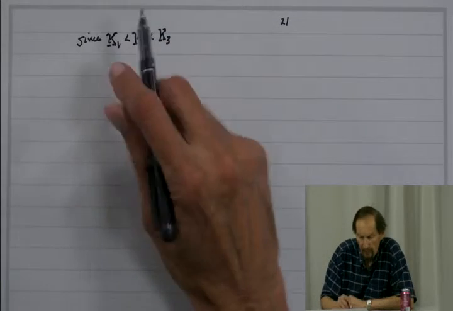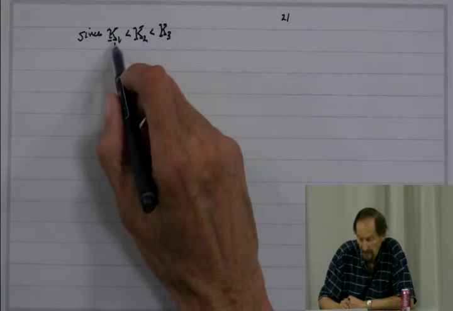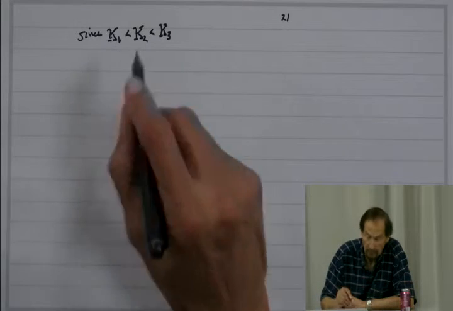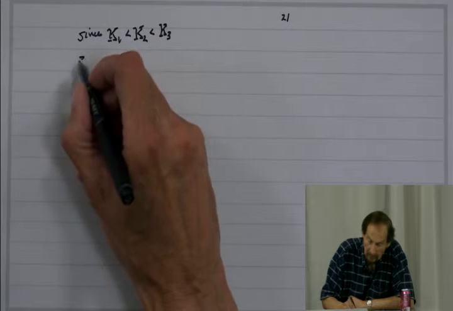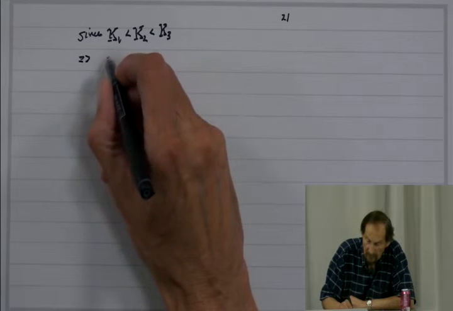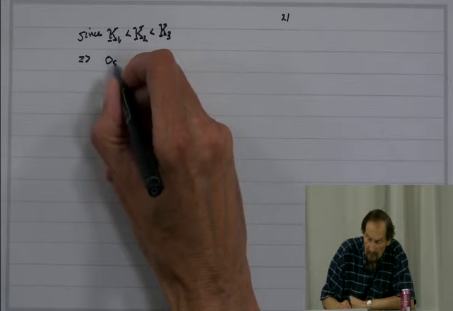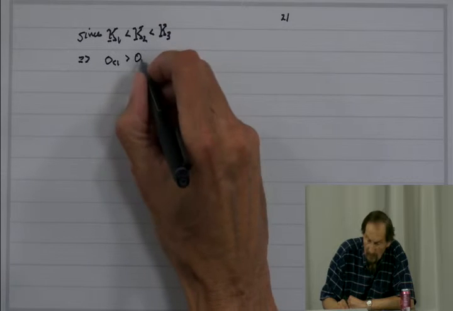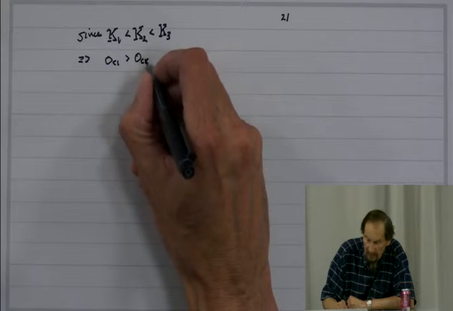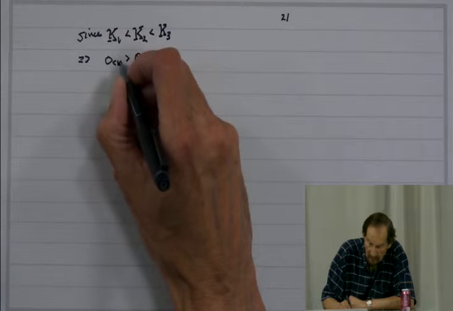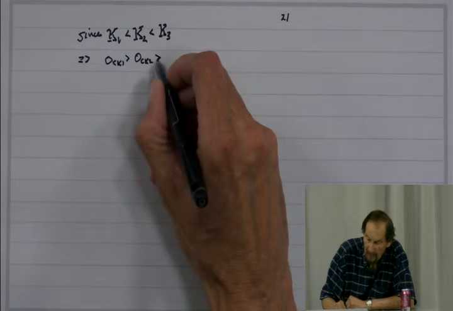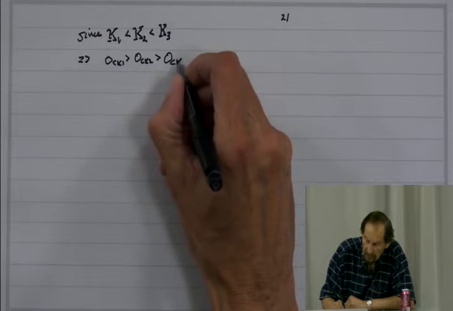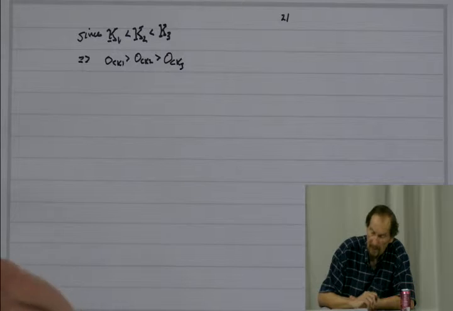So if we get a right to buy the stock at a lower strike price, our premium must be higher. So this, we'll say this is O, let's call it call 1, must be greater than O of call, say, K2. This could have been K1. Is greater than O of the call K3. Okay?